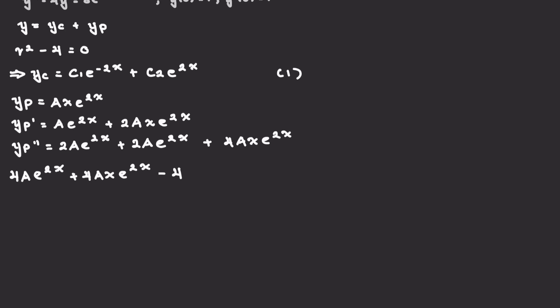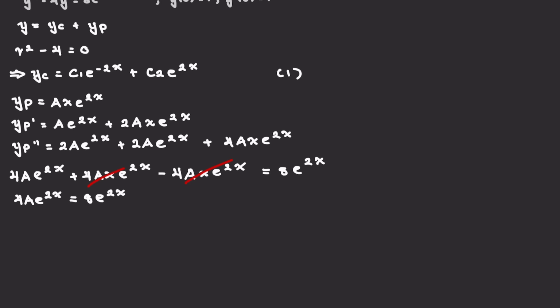Minus 4 times y, which is yp, is 4 times ax e^(2x), and everything here equals 8e^(2x). And so we can cross out the terms here because we know they cancel each other, and we're left with 4a e^(2x) equals 8e^(2x).